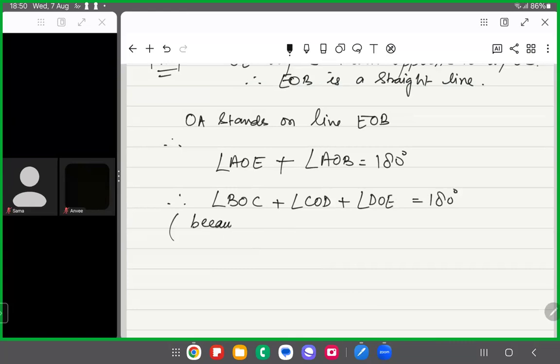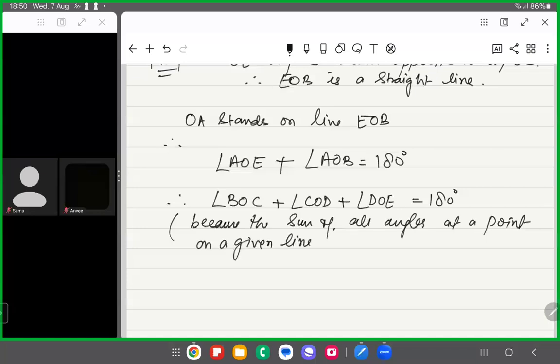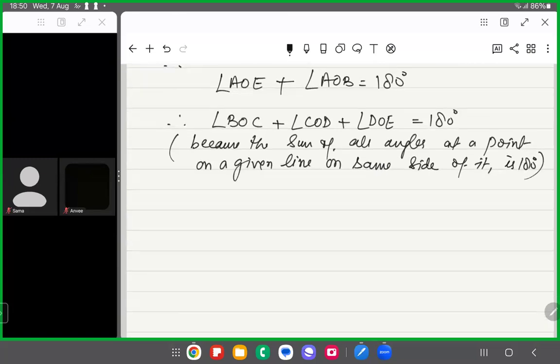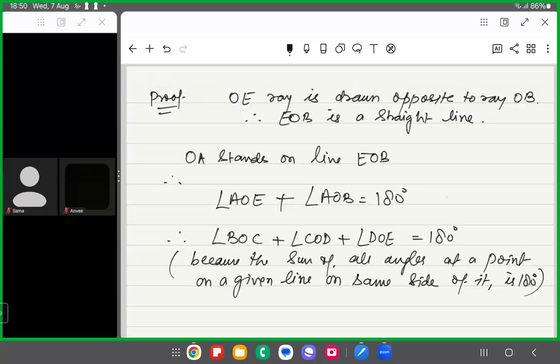Because the sum of all angles at a point on a given line on the same side of it is 180 degrees. Getting it? So this is equation number 1 and this is equation number 2.